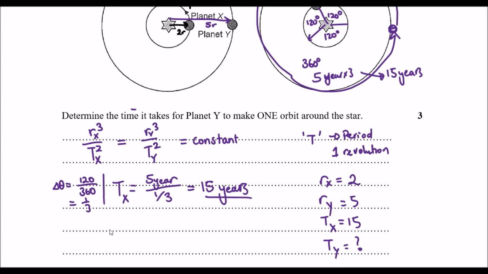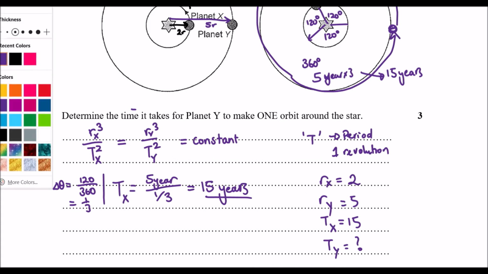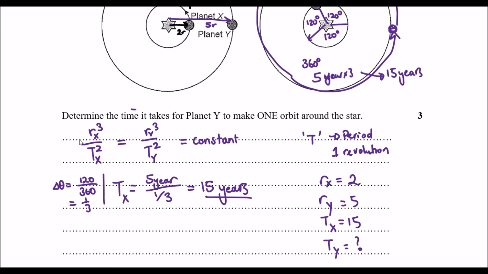So going back to the formula we had earlier, we have 2 cubed over 15 squared equals 5 cubed over Ty squared.